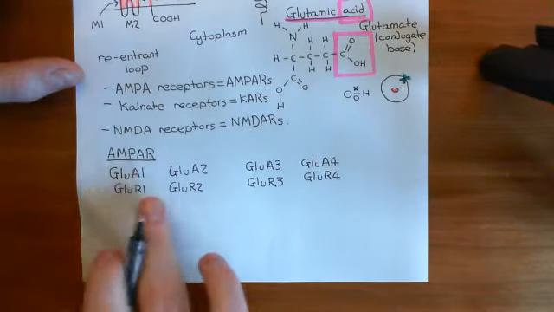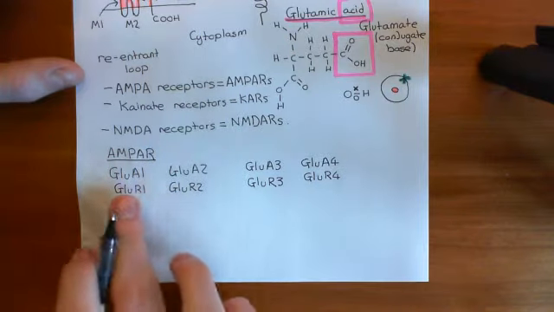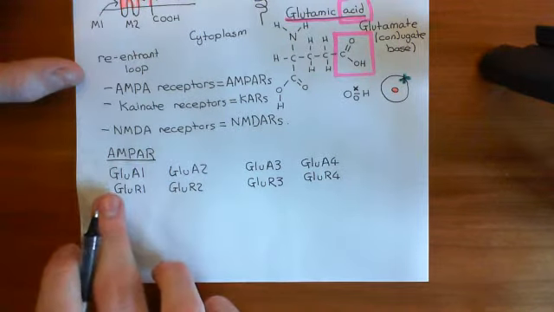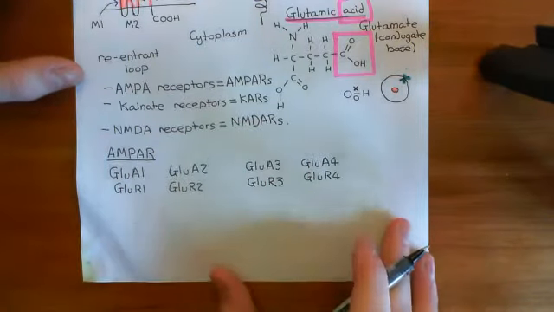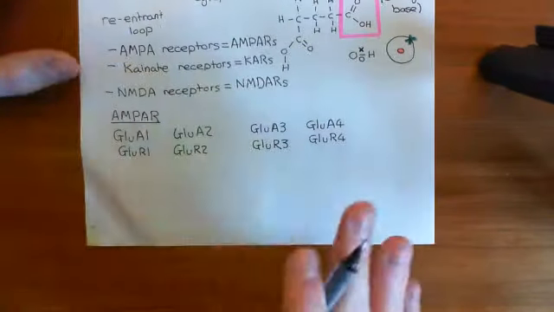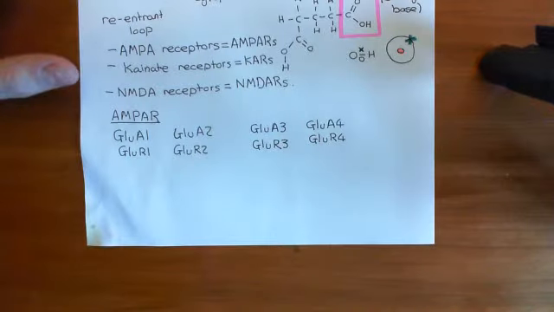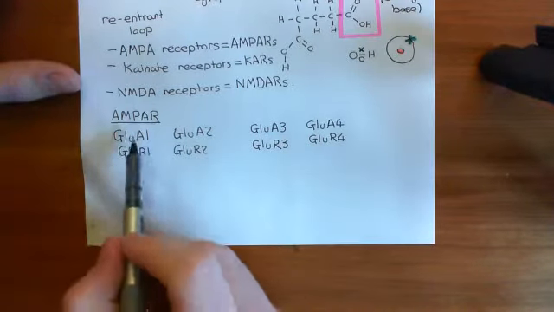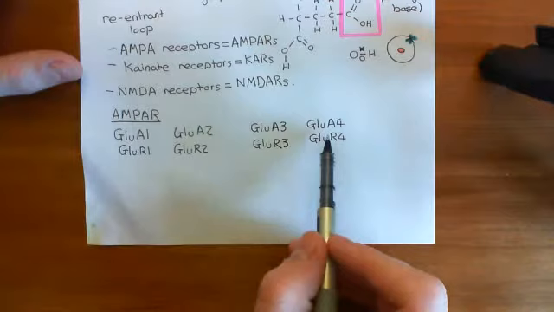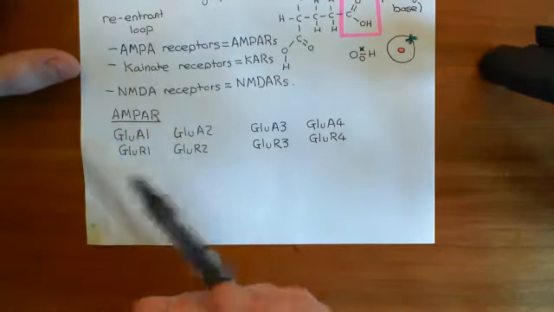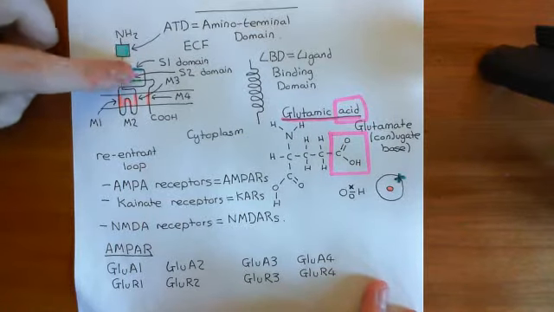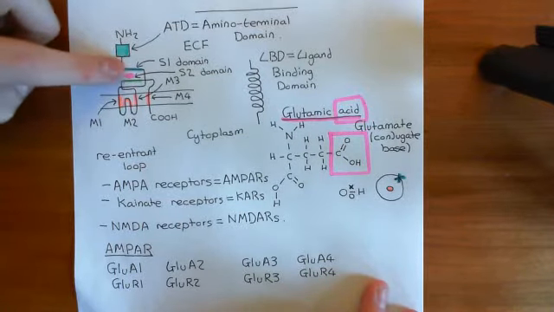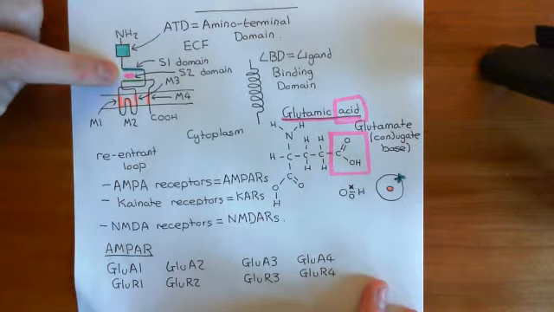But as we'll see, this notation for the subunits of the AMPA receptors, by naming them GluR, continues on through to the subunits of the kainate receptors, and if you don't understand what I mean by that, you will later. All of these 4 subunits can be used to make a quarter of an AMPA receptor. They all have the same basic structure. They have an amino terminal domain followed by this S1 domain, which participates in the formation of the ligand binding domain.